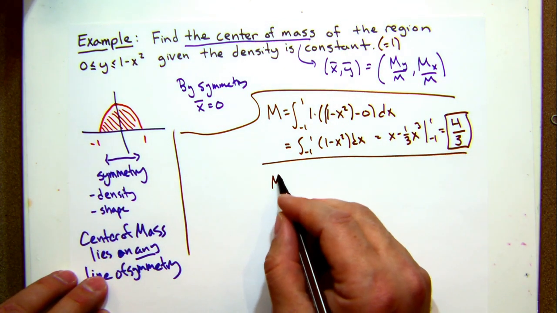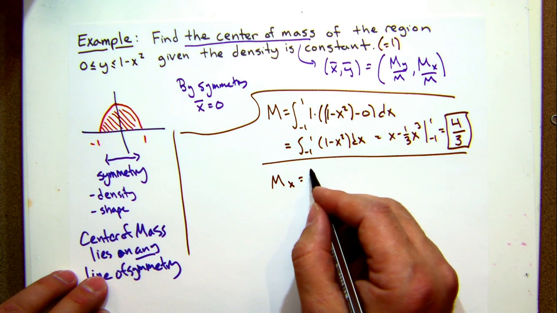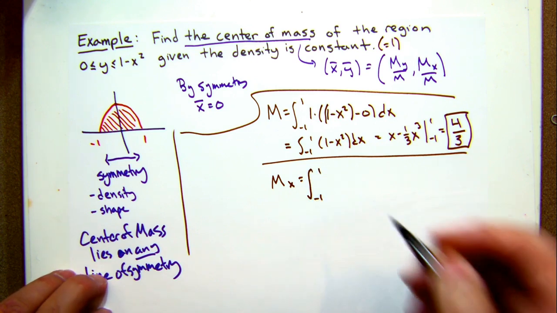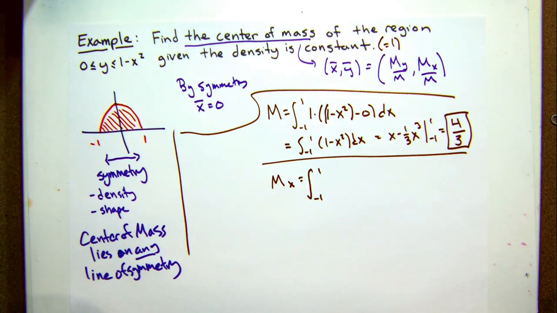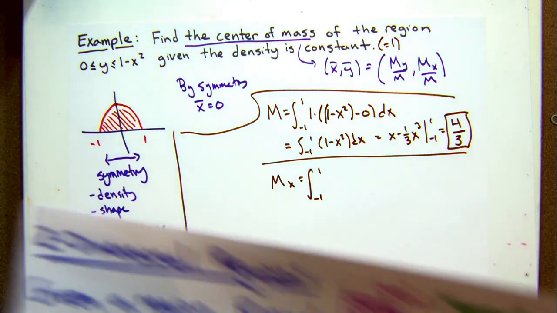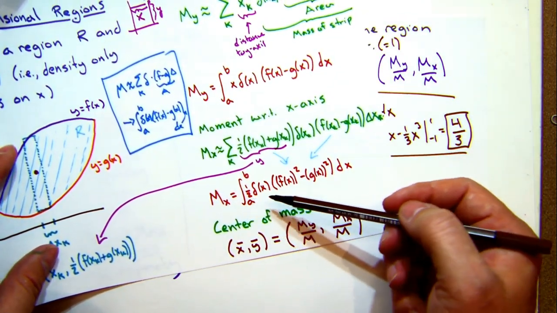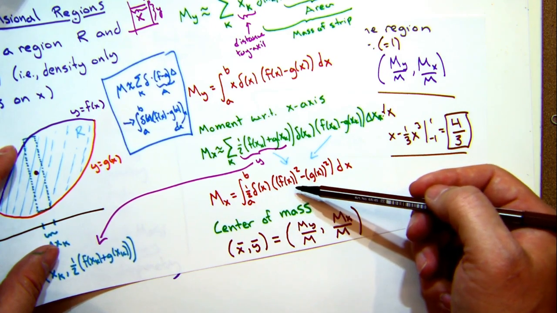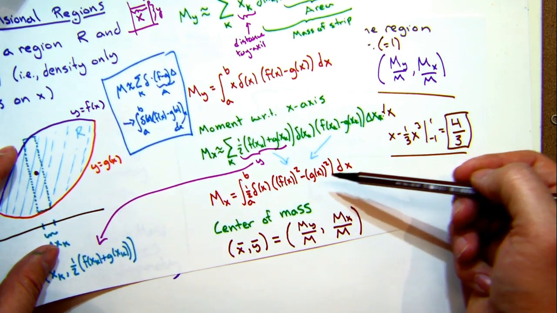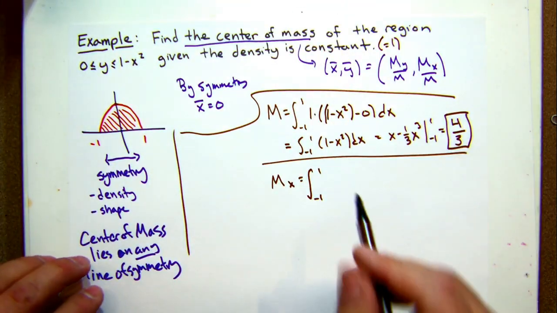Now we have to do the other part. We have to find m sub x. I'm going to pull up my handy dandy guide here that says m sub x is 1/2 the density times the top function squared minus the bottom function squared, dx.